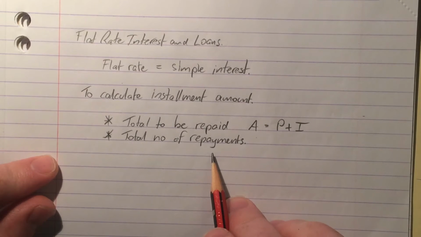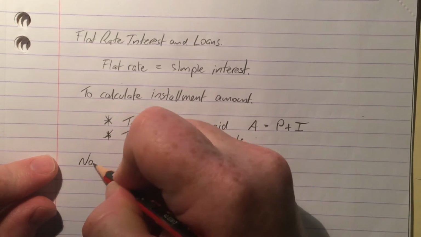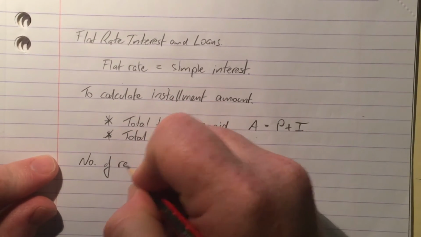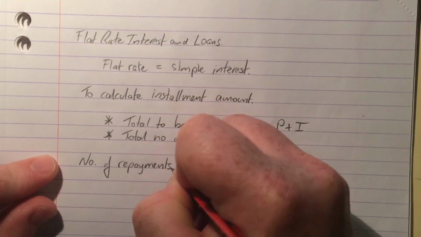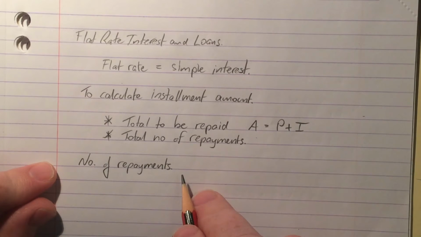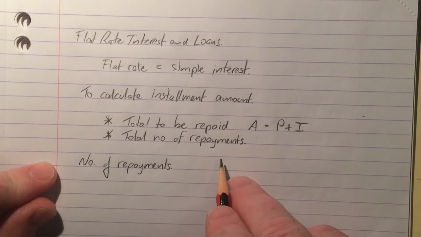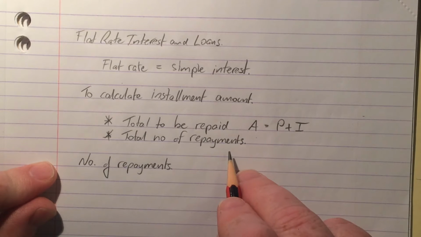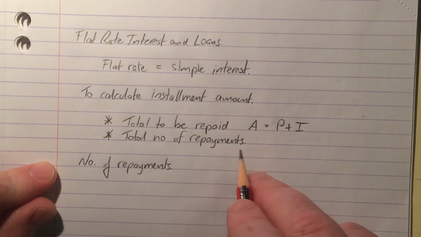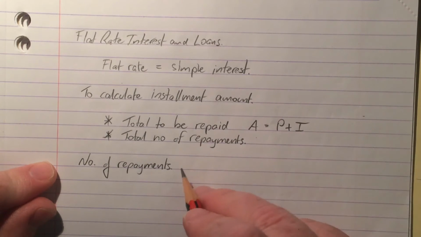So to work out the total number of repayments, we need to know how many repayments per year are required and the number of years of the loan.